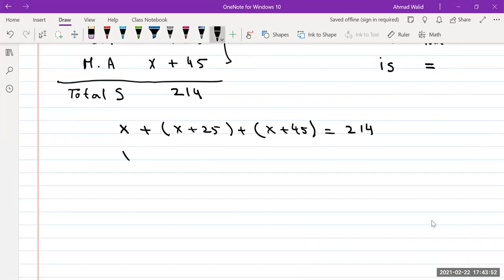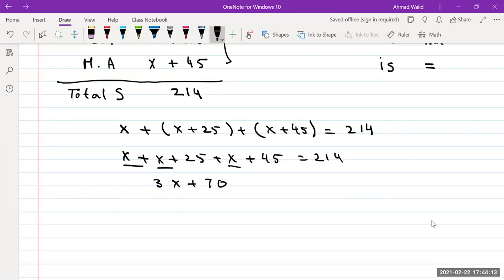Remove the parentheses. X plus 25 plus X plus 45 equals 214. X plus X gives you 2X... actually 3X is not right here; X plus X plus X gives you 3X, and 25 plus 45 gives you 70, right? Equals 214.